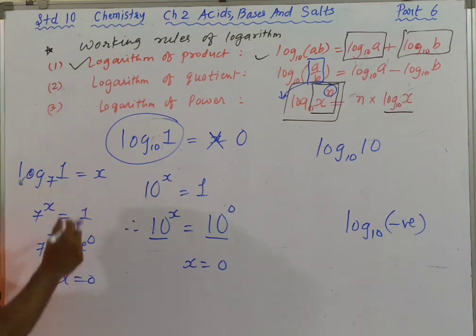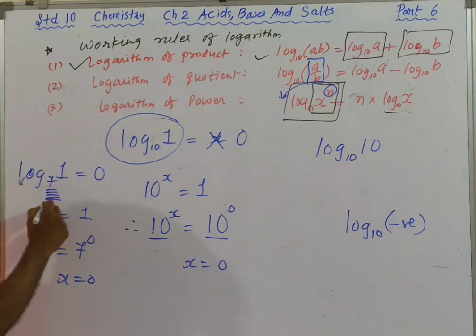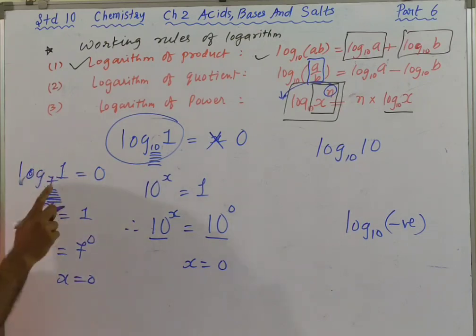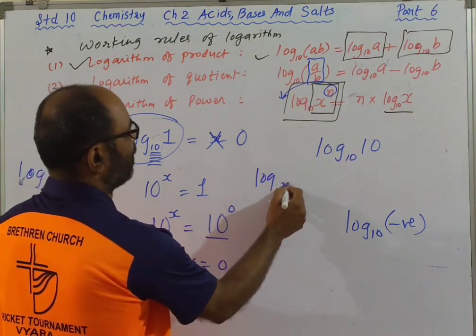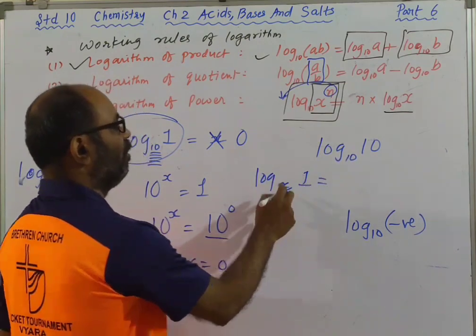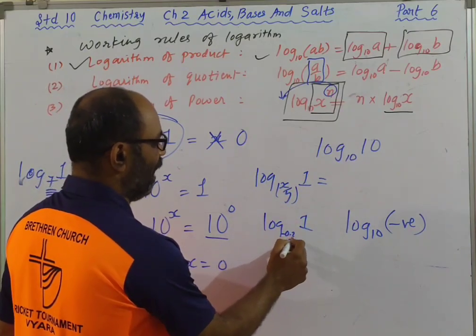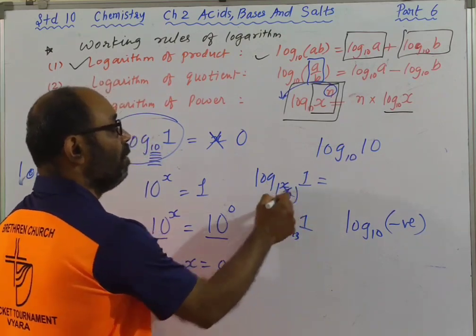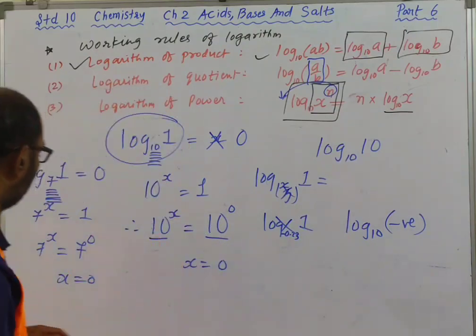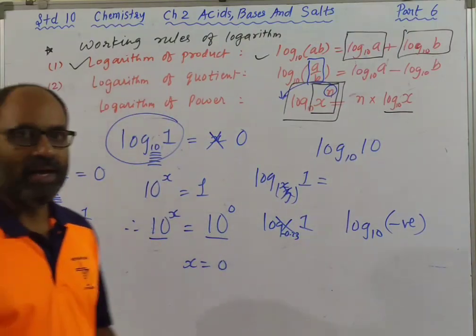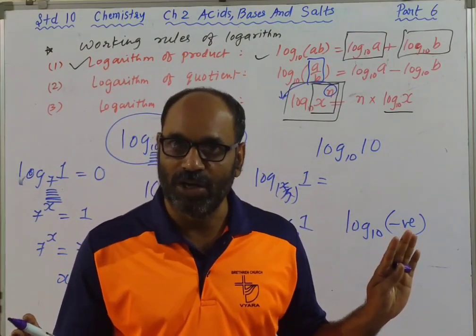So here also x equal to 0. So log of 1 to any permissible base, not any base, since you cannot take just any base, such as x upon y, or 0.2, or minus 2.3. Whatever is permitted in the logarithm function, I'm not going into much detail. So one thing you learn: log of 1 to any permissible base is always equal to 0.